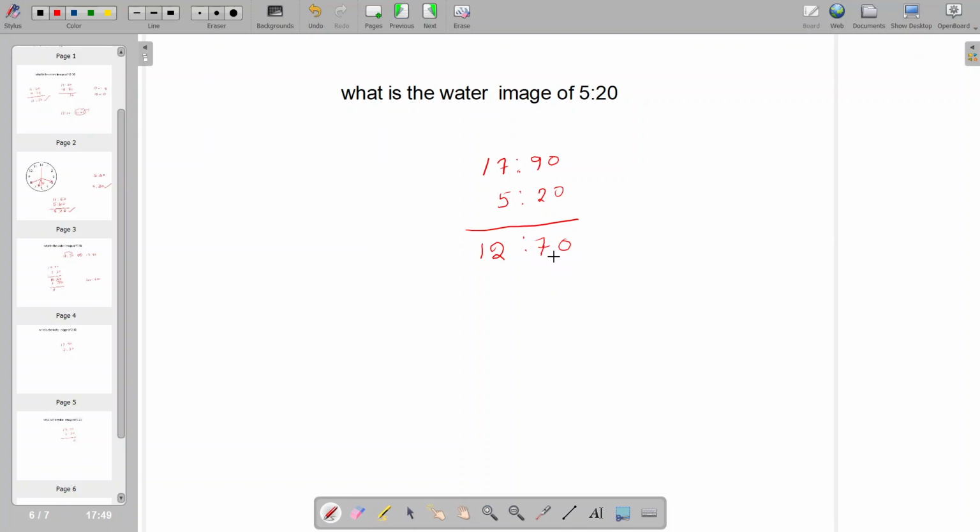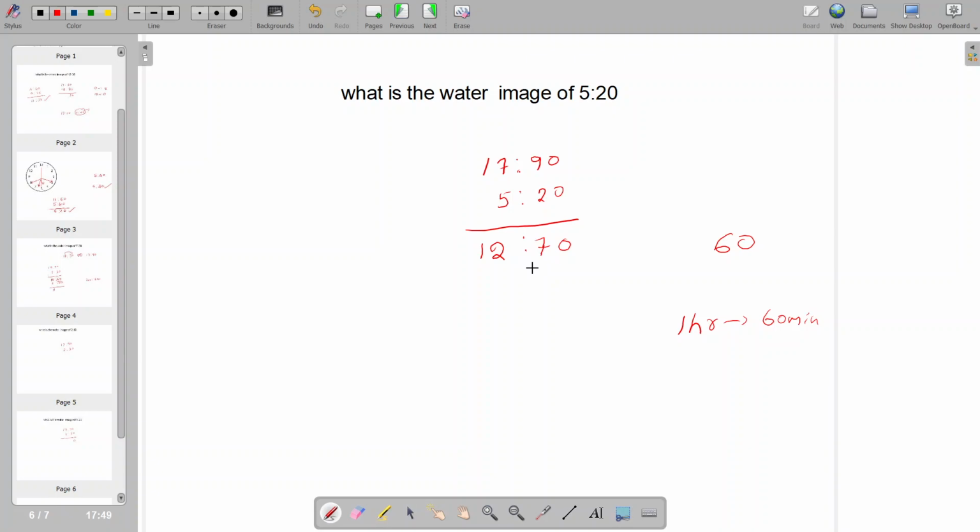In 70 minutes we can take 60 minutes. So bring these 60 minutes to this side. It will become 1 hour. Why? Because 1 hour means how much? 1 hour means 60 minutes. We will not have 12 hours 70 minutes, right?